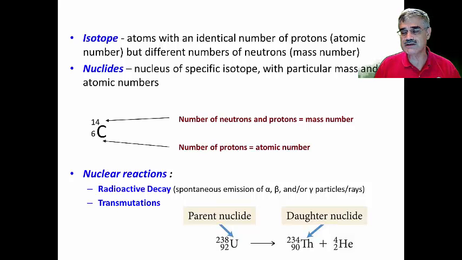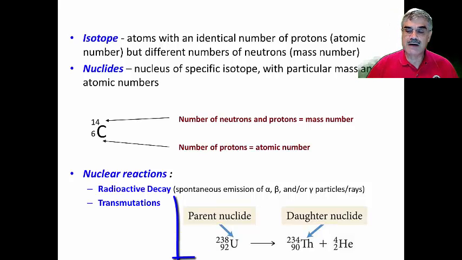In both types of reactions, the product of a nuclear reaction always is a different element than the starting material. This is like alchemy. Alchemists tried to convert lead to gold, but they were never able to. That's because they just didn't understand nuclear chemistry back at the time.